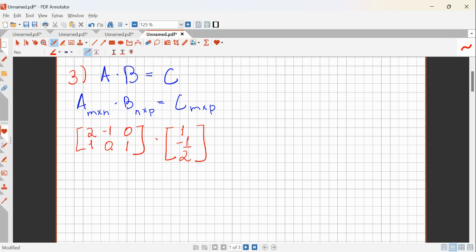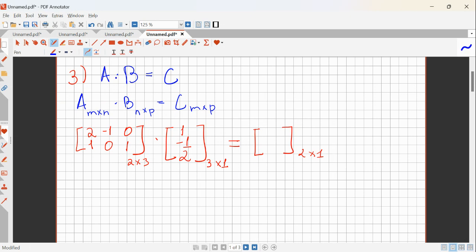The size of the first matrix is 2 by 3 because we have 2 rows and 3 columns. Here, it's 3 rows and 1 column. So we have to receive a matrix of size 2 by 1. But how is this action performed?